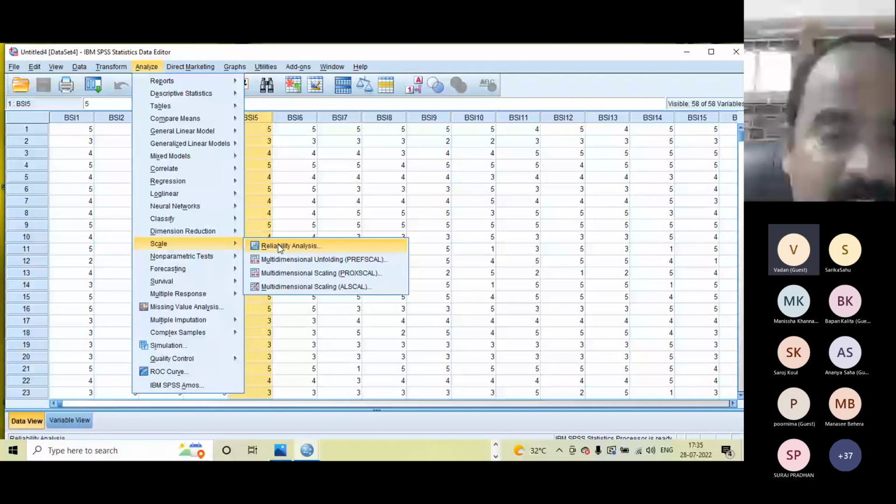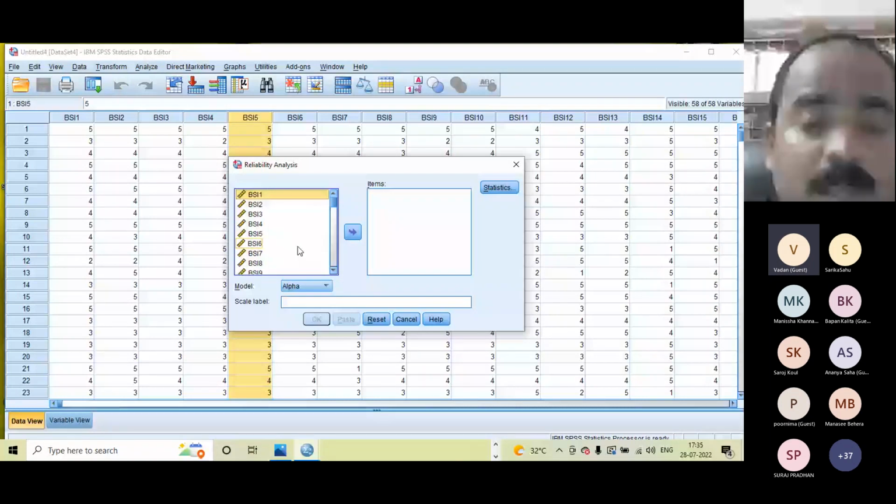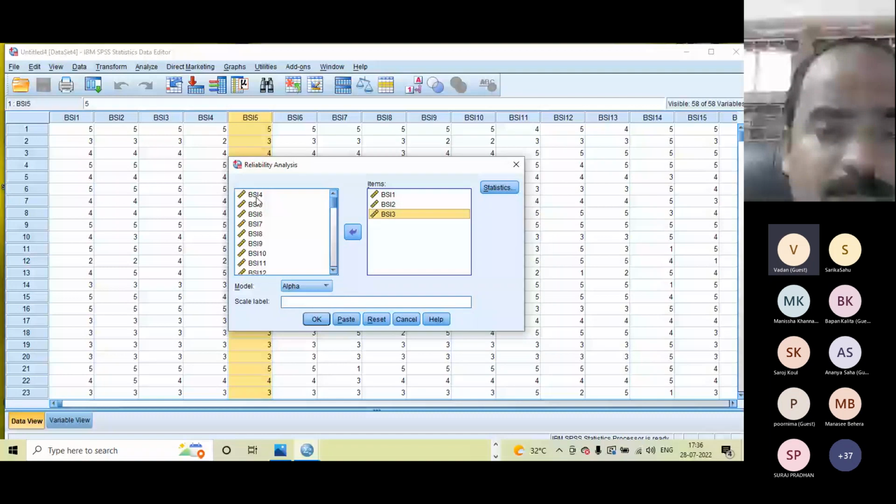Click there. Only take BSI 1 to BSI 5 for F1 and run it. Cronbach's alpha is already chosen.